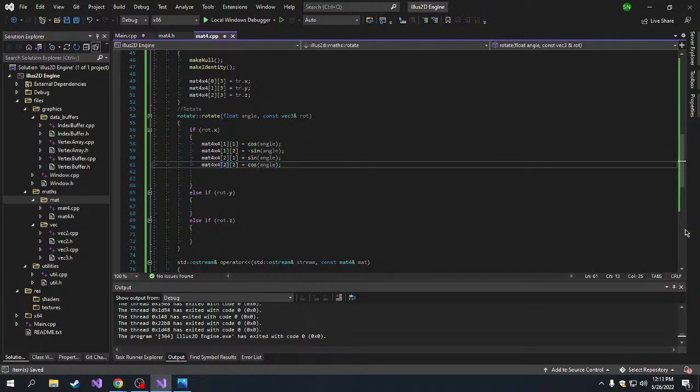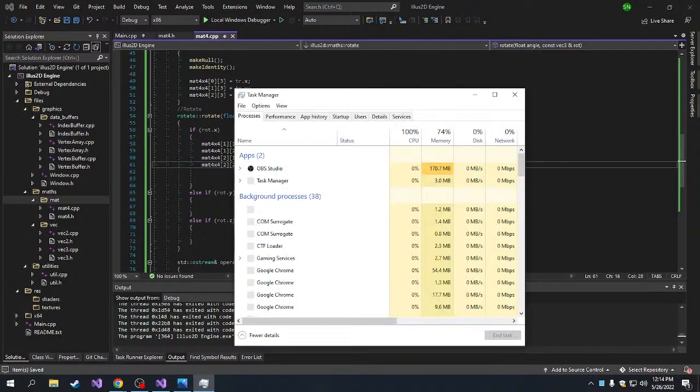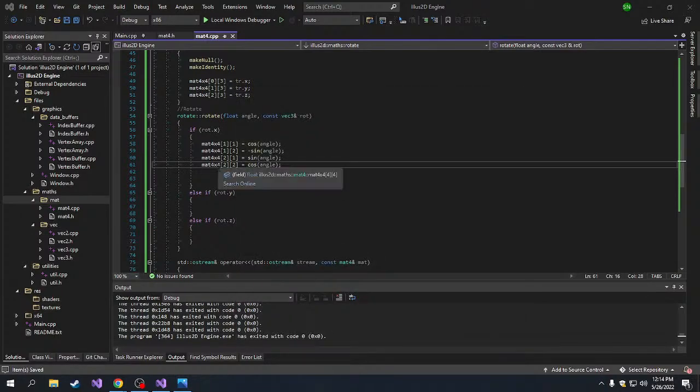Oops, electricity is back. Well, I guess I'll just do it and then I'll get back to it. So now for third row, third column is going to be cosine of angle.